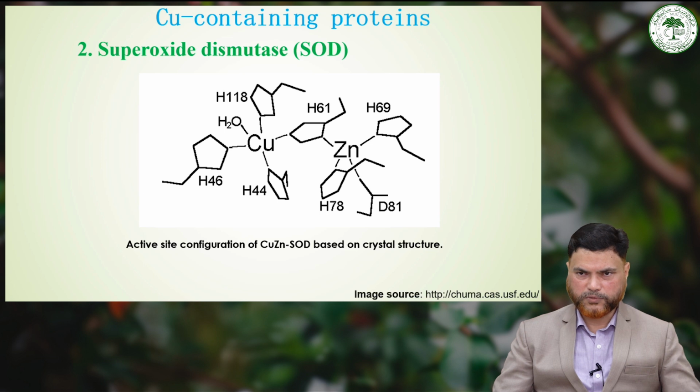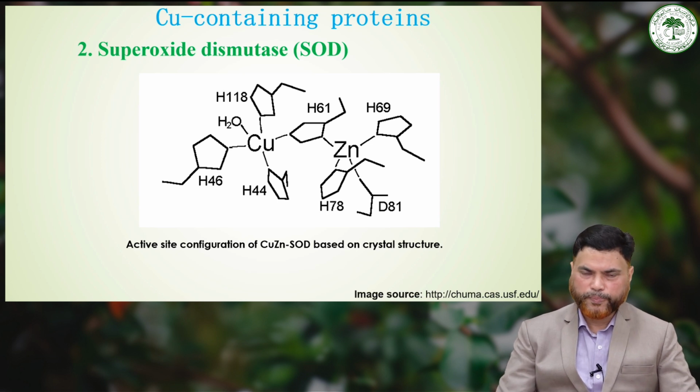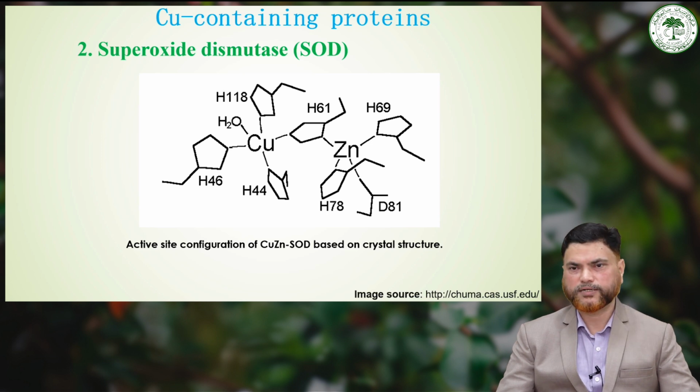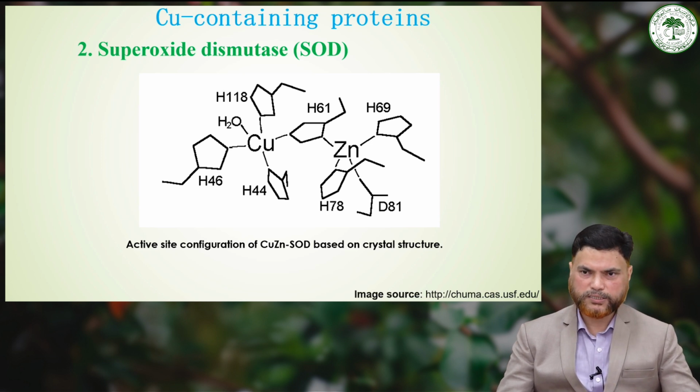Now, another important copper containing protein is superoxide dismutase. This enzyme plays a very important role in detoxification of the superoxide radical, which is generated in photosynthesis. Copper is present in copper zinc superoxide dismutase, which is directly involved in this detoxification.